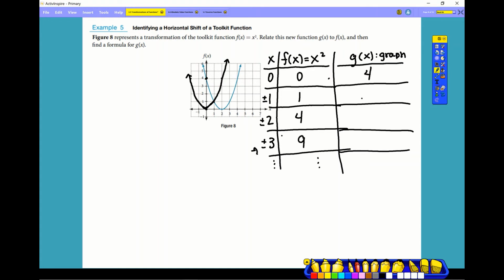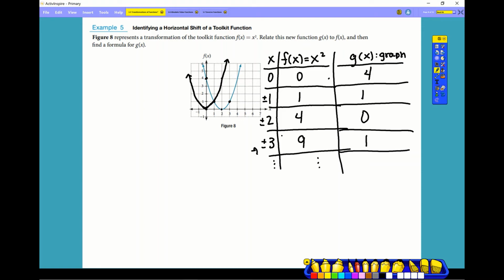When x is 1, g of x is now 1. When x is 2, g of x is 0. When x is 3, g of x is 1.